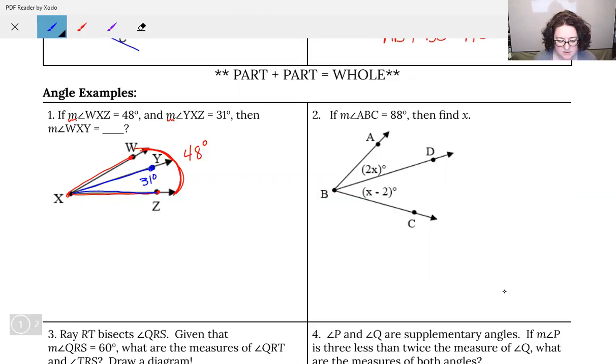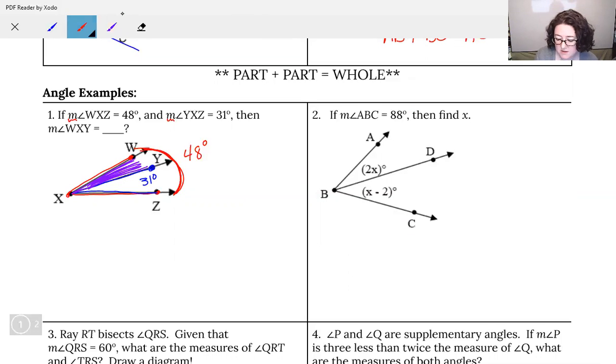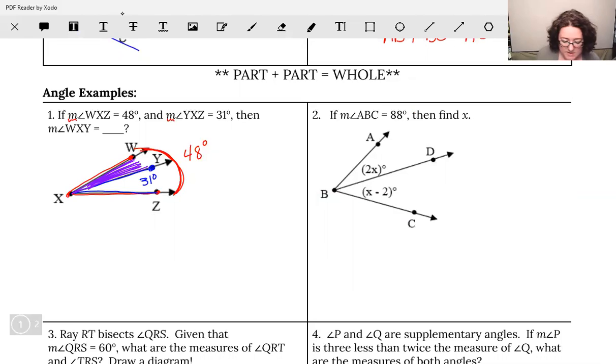The question is, what is the measure of WXY? Well, WXY, so that's this angle in here that we're looking for. So if I took the purple part plus the blue part, the 31, they should add up to get 48. So I'm actually going to write an equation for this. So again, my model is always part plus part equals whole.